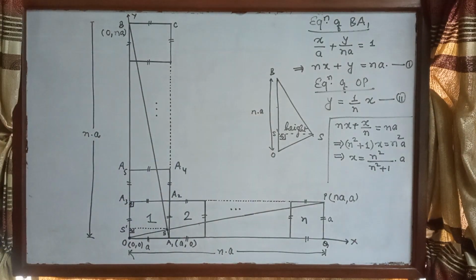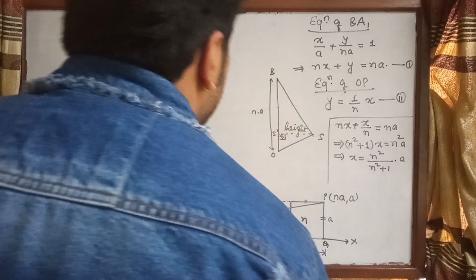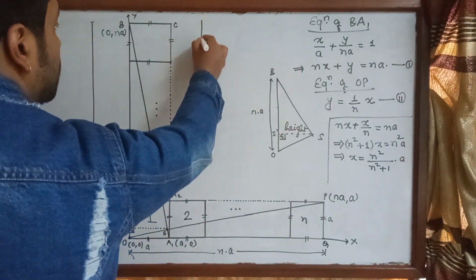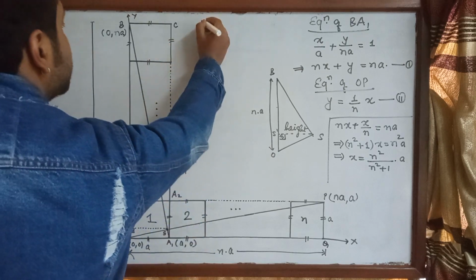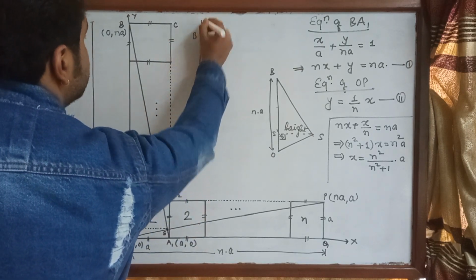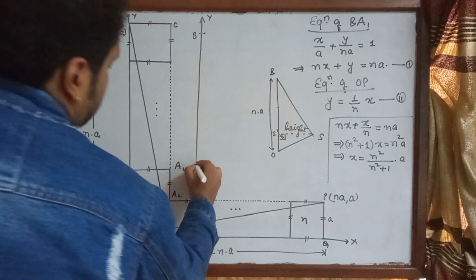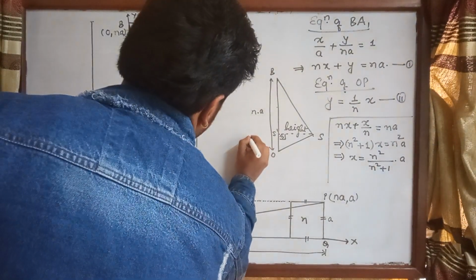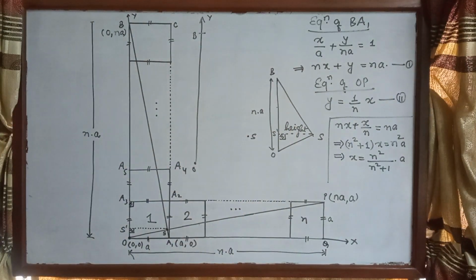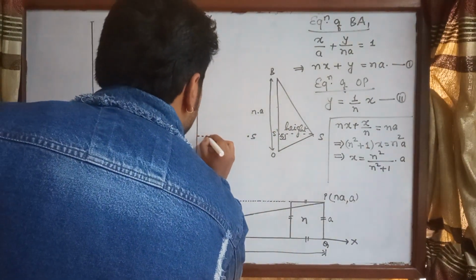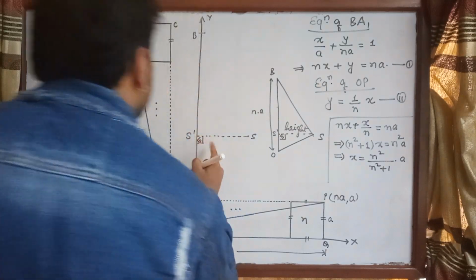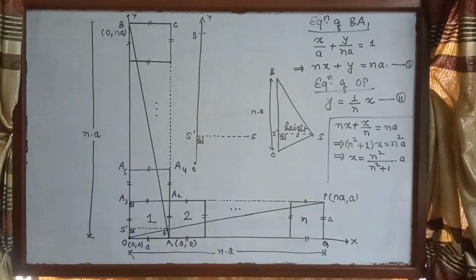Now let's look at this. We can find the corresponding value of y, but we're not going to do that, because what do we have? B is somewhere over here, this is the positive y-axis, here's the origin, and here's the point S. We are required to find this length, SS dash, isn't it?